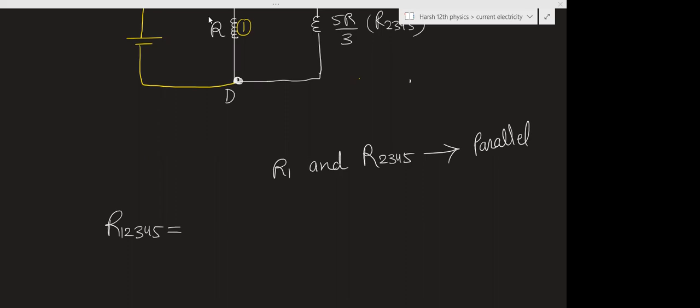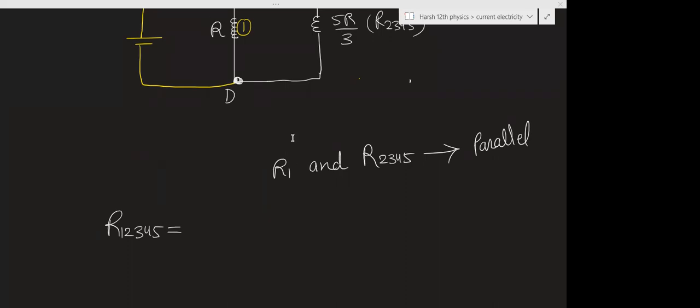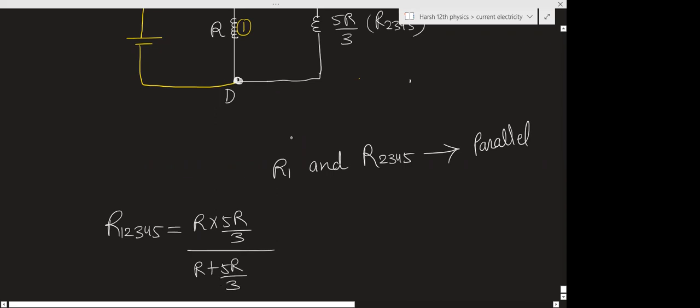Sir, is it 5R by 8? I'm just solving. You can check. So multiply this R with 5R by 3, and after that calculate R plus 5R by 3.